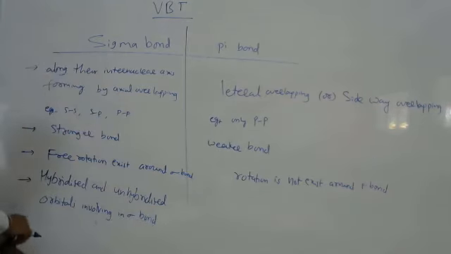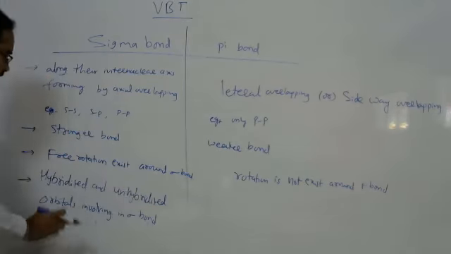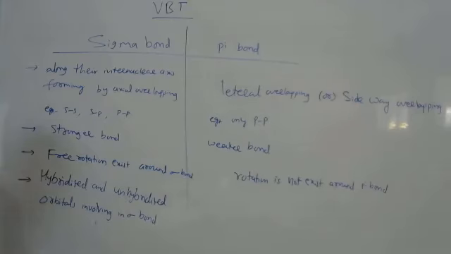Okay, in the next step you will get to know what is hybridized and unhybridized. Just write this part: hybridized and unhybridized orbitals involving in sigma bond.